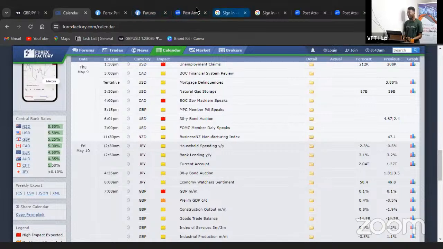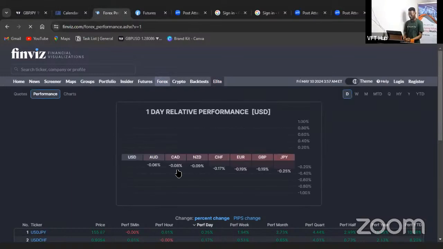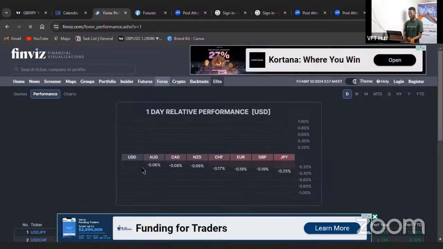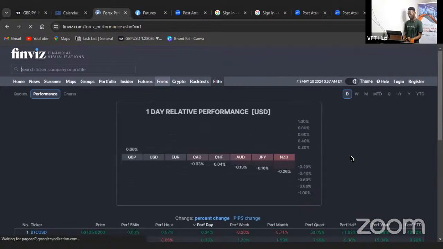Now, if we look at the currency strength for today, what are really the best performing currencies for the day. If you look at it, you're going to see right now we have JPY totally behind at the back there, and we have USD. I need to reload this because what I'm seeing, okay, now this is it.